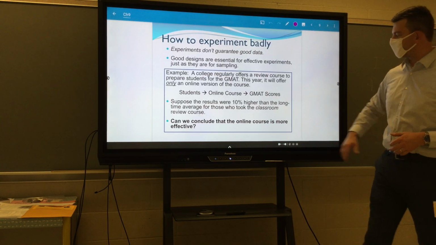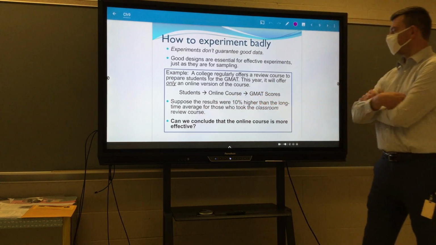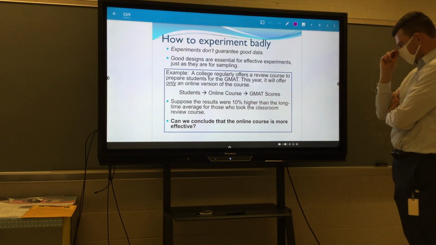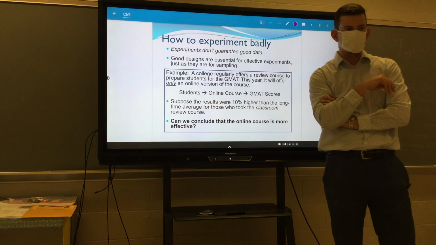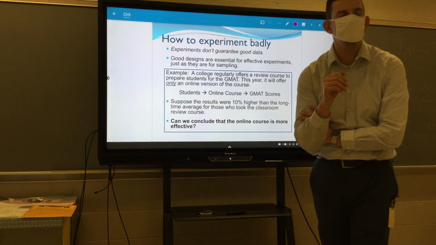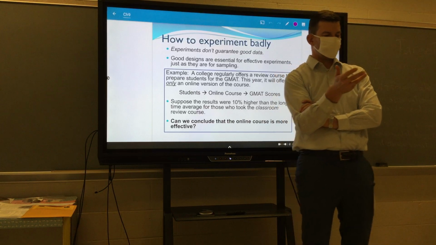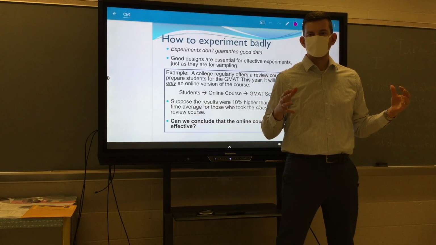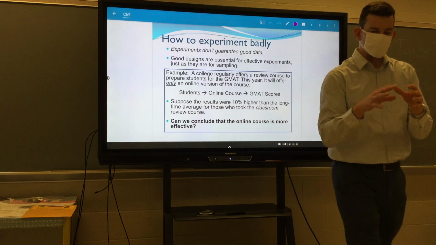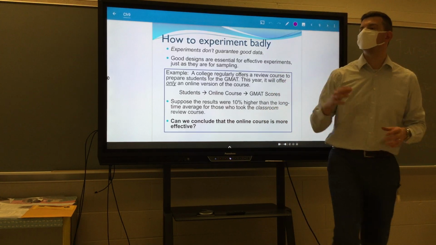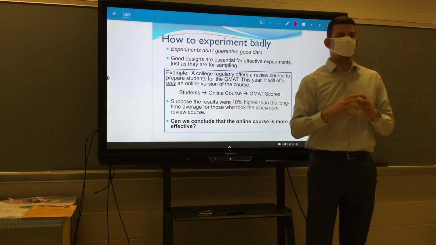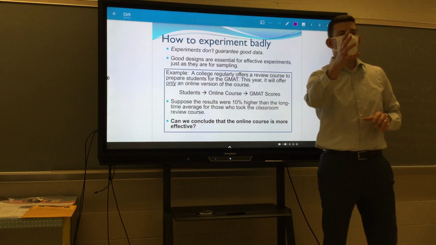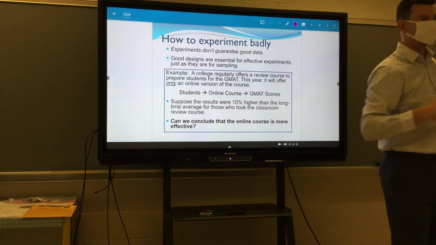Now, if you find that the results were 10% higher than the long-time average for those who took the classroom review course, it might be tempting to conclude that, well, the online course is the way to go. We're getting better results, 10% higher results with the online format this year, as opposed to what we've seen over the past years when it's been both online and in the classroom.